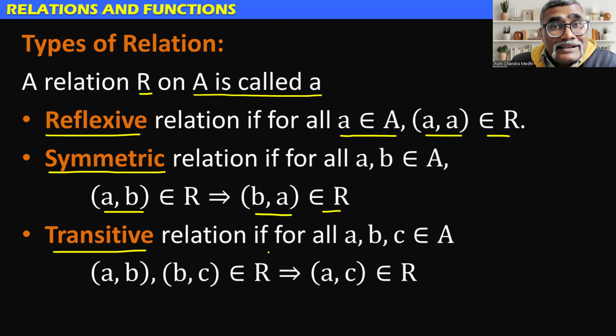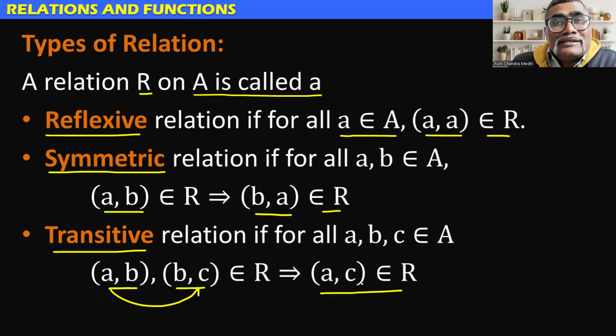A transitive relation: if a is related to b and b is related to c, then a is also related to c. If this is possible, then we call it a transitive relation. So these are the three basic types of relation which we need to study in class 12.